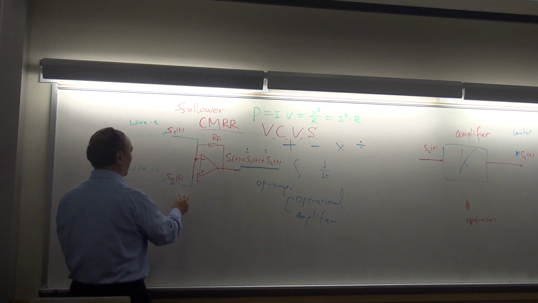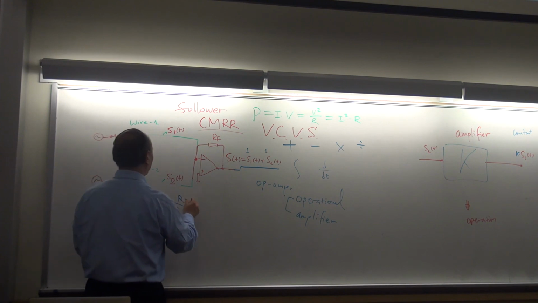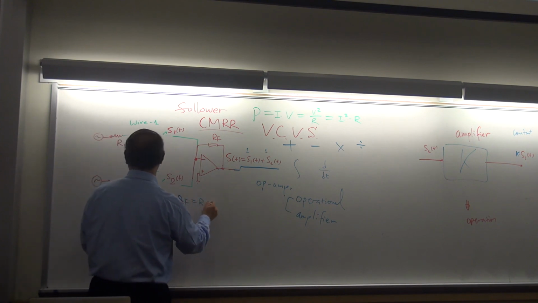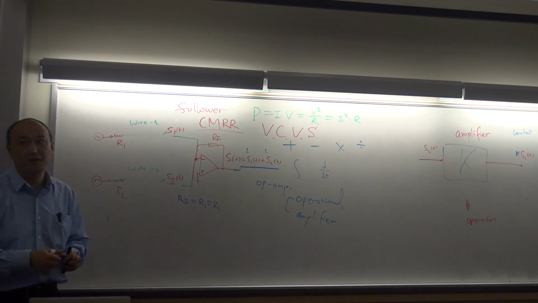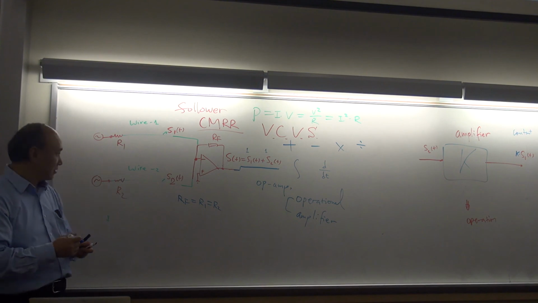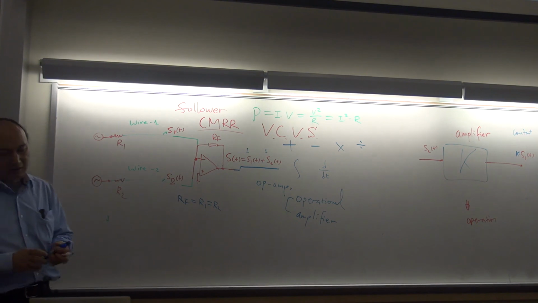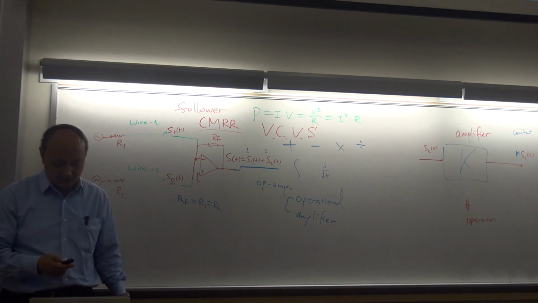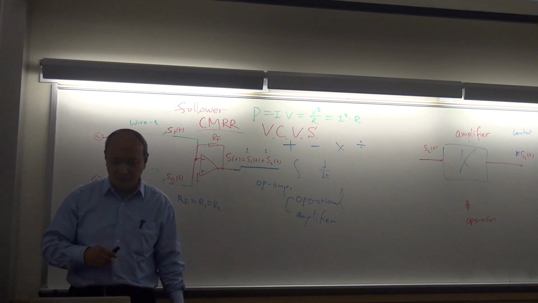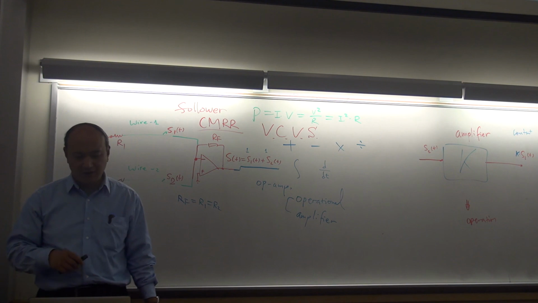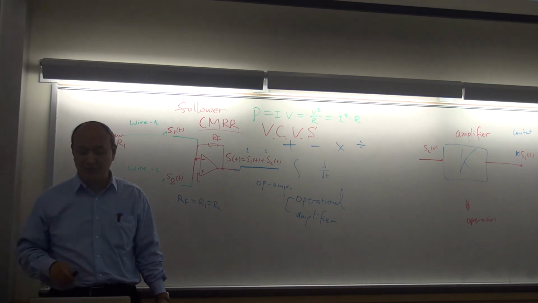Then you can choose RF divided by R1, and you can make RF equal to R1 equal to R2. You can do that. So you can see A1 and A2 are the same, can be tuned to be the same.